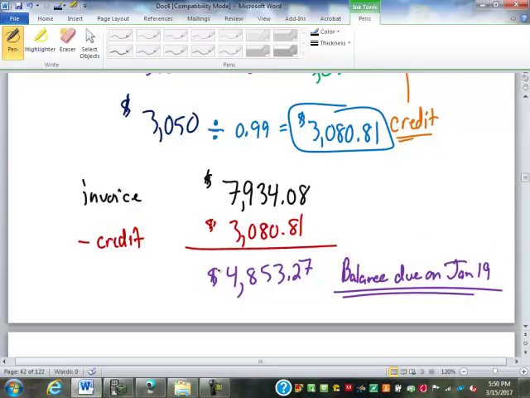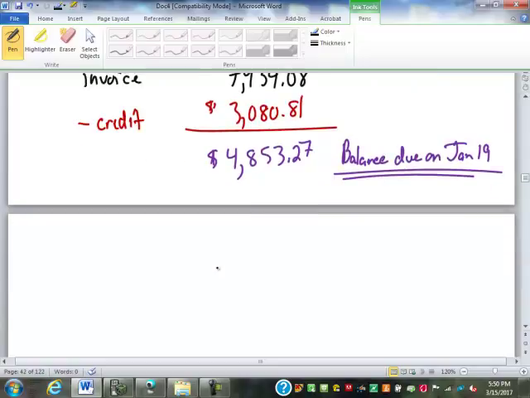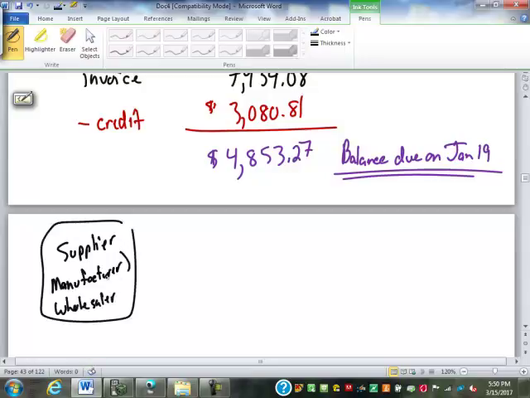Okay. So last week, we mentioned that there are 3 stages in this process. There is the supplier, who can either be a manufacturer or wholesaler. And then there is the retailer, who's in the middle, basically the middleman.